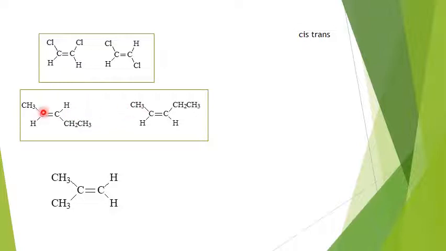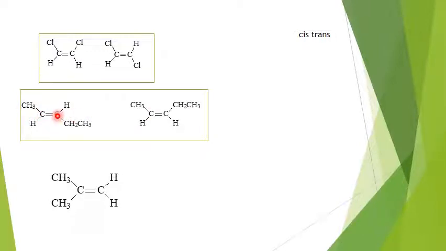Right, let's take a look at this example. What I want to know is if these two are the same structure, and if they are not the same structure, which one is cis and which one's trans. They would have the same name: 1, 2, 3, 4, 5, so pentene, that'd be 2-pentene. This one has a 2 as well.